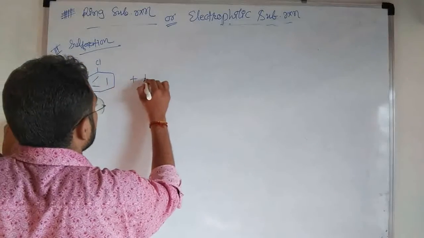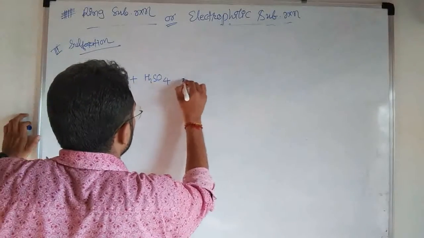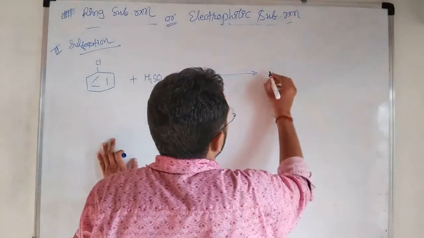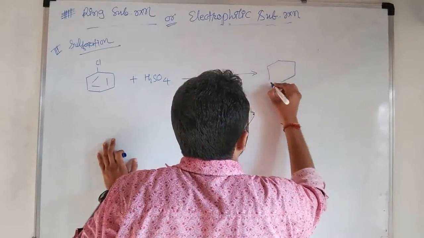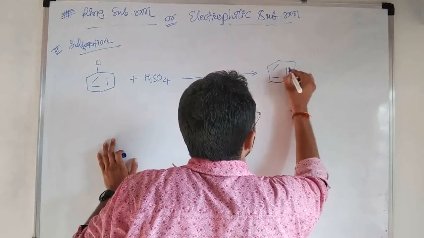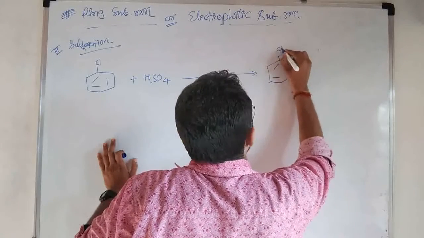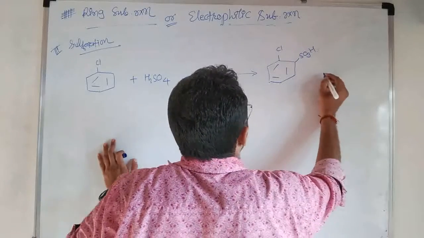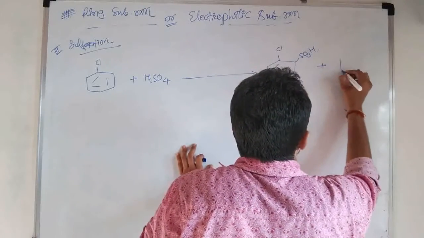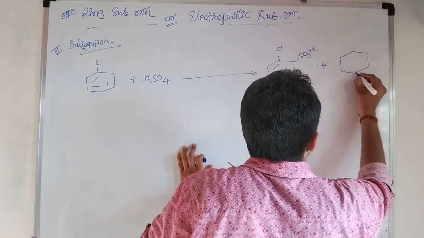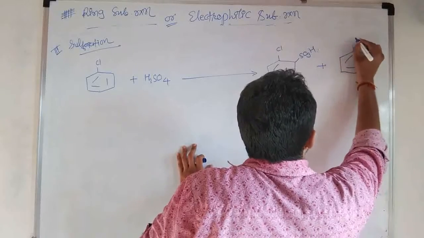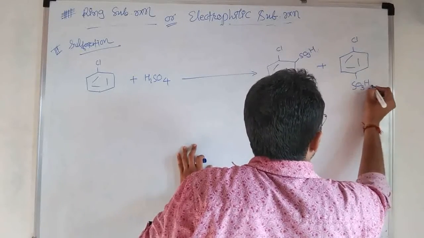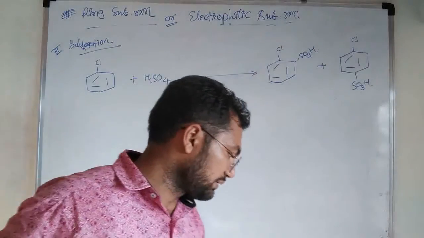chlorobenzene plus H2SO4 will produce Cl plus SO3H, plus Cl plus SO3H, like this.